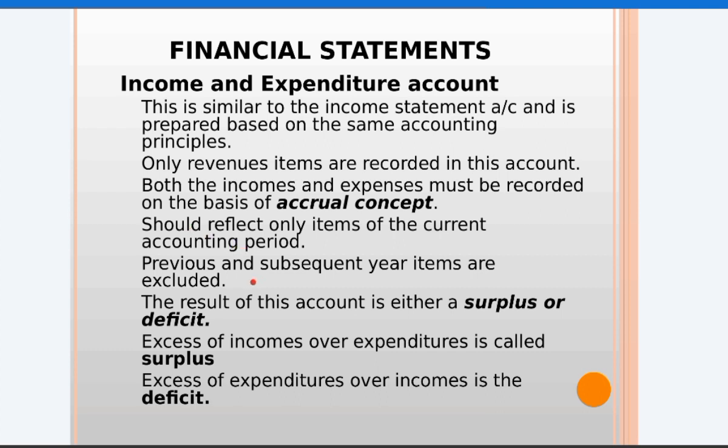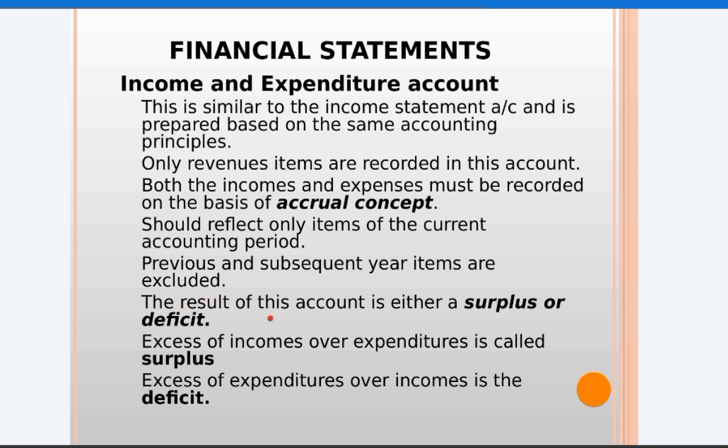So previous and subsequent year items are excluded because we are using the accrual basis of accounting, which should be matched with the matching principle, whereby only the items of the current accounting year should appear.